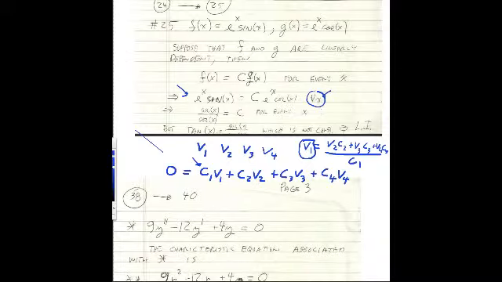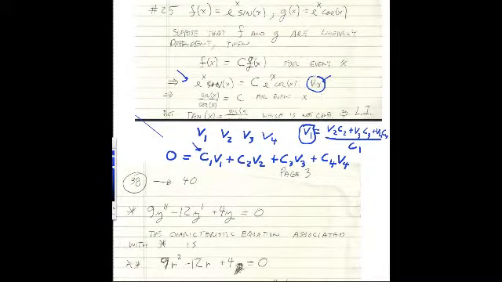That would mean that the sine of x over the cosine of x is a constant for every x. But that's not the case, because the sine of x over the cosine of x is actually the tangent function. So the conclusion is that there is no such c. And the fact that there is no such c means that these functions are linearly independent.